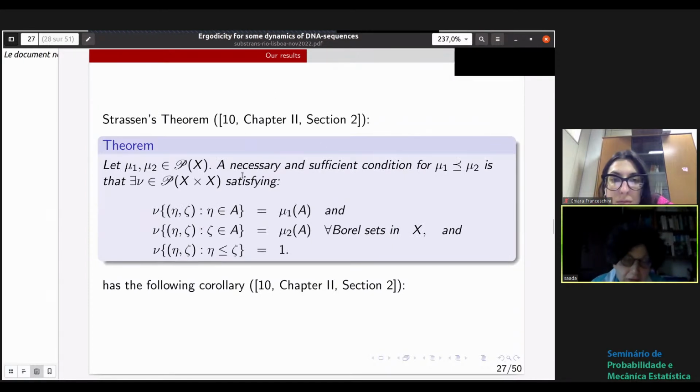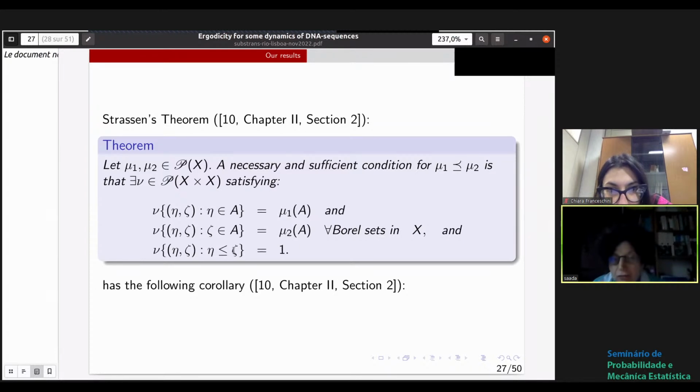Okay, so how do you get this? I'm sure that everyone of you knows this. Strassen's theorem just says that if you have two measures, then a necessary and sufficient condition to have mu1 less than mu2 is the existence of a monotone coupling measure, with marginals mu1 and mu2, which concentrates on ordered configurations such that eta is less than xi.